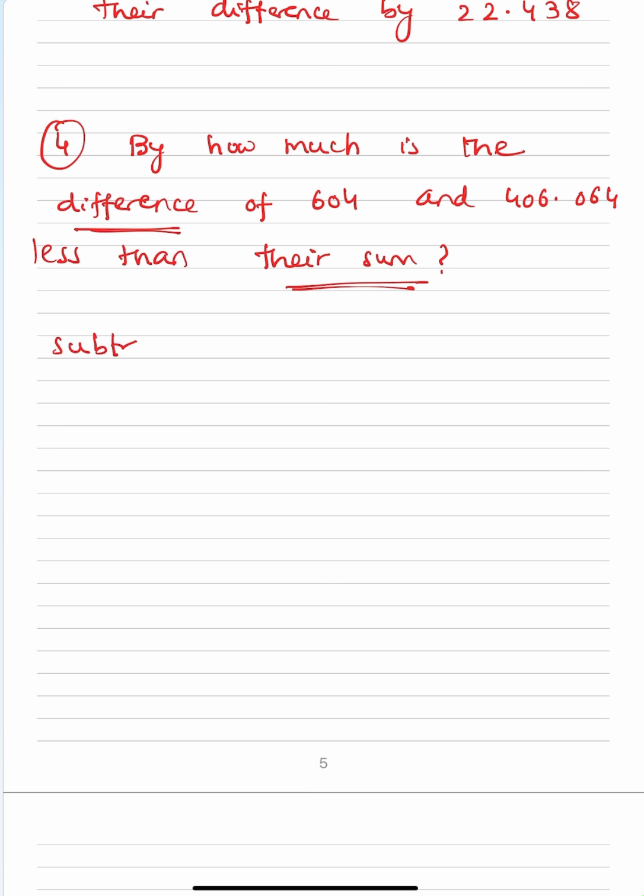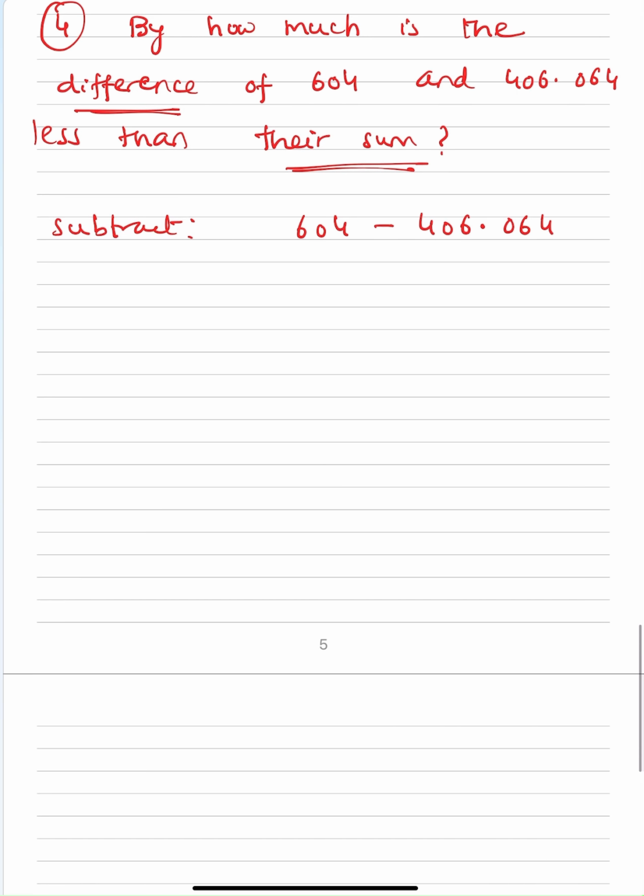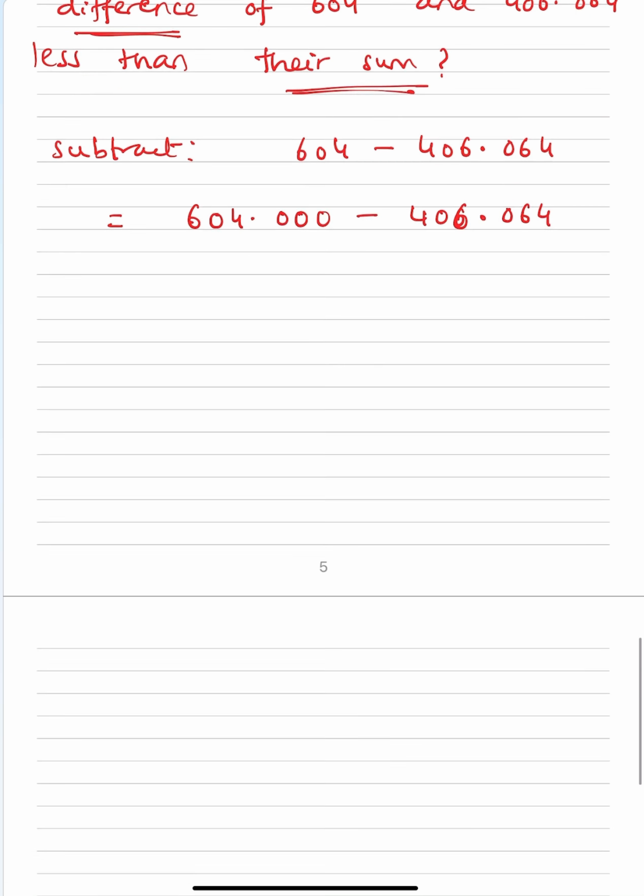So let me subtract 604 minus 406.064. But these are the unlike decimals, so convert them into like decimals. 604.000 minus 406.064.